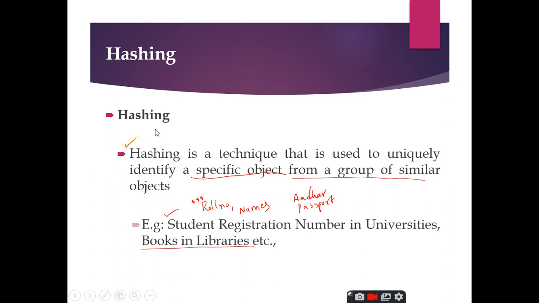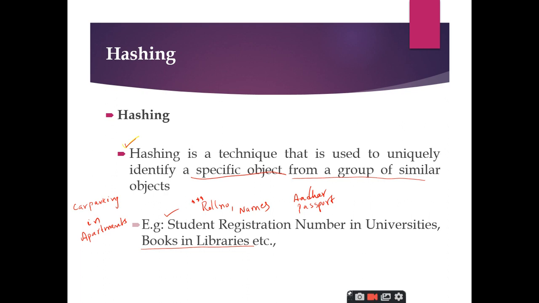In general, another example is the car parking area or the parking area in apartments. If you go to a movie and you just park your bike as it is in a row, and then you view the movie, when you return it becomes very difficult to identify your bike.